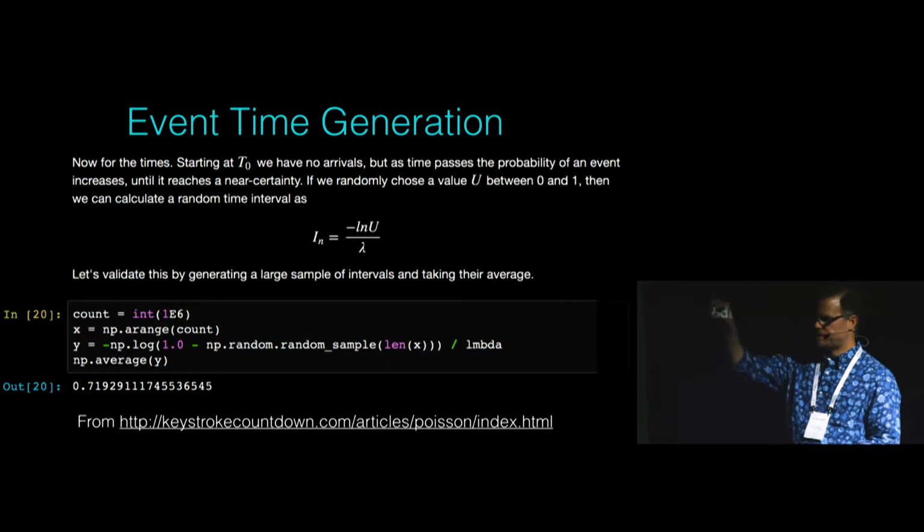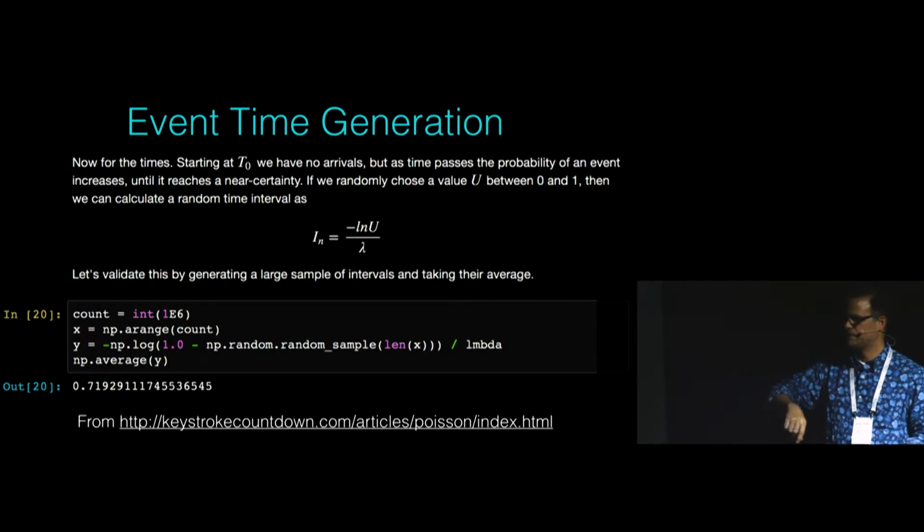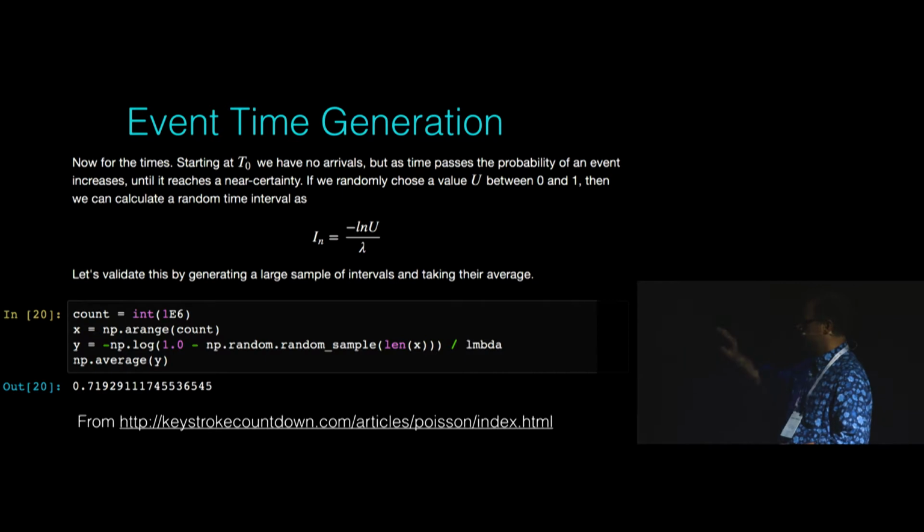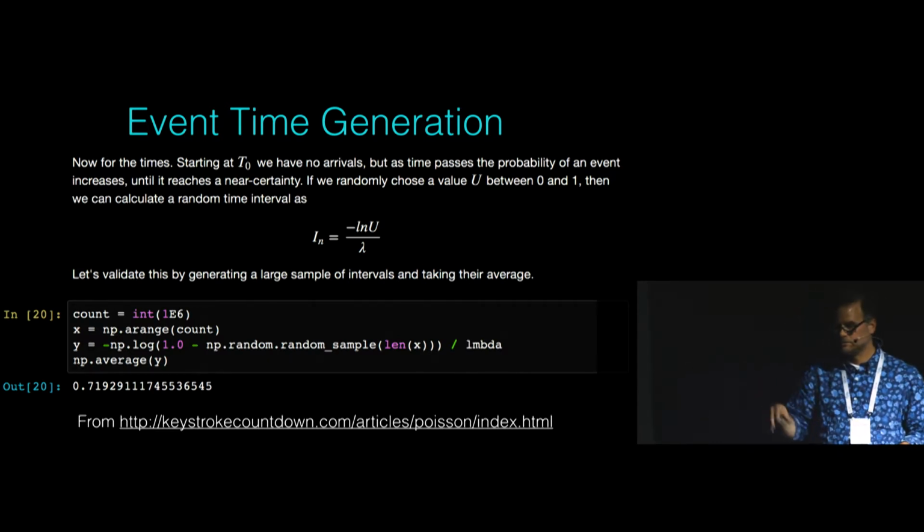So how do we generate those times I showed in that column a couple slides ago? Well, a Poisson process has an exponential distribution for the times, and you can generate them using a log function together with a random probability value from 0 to 1.